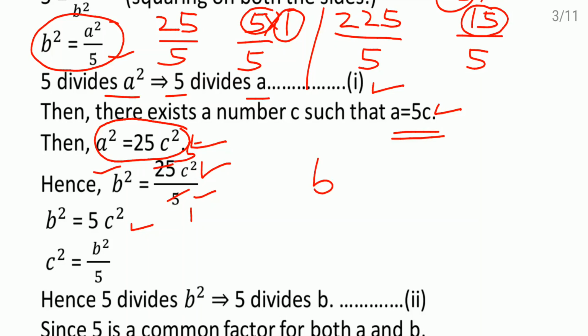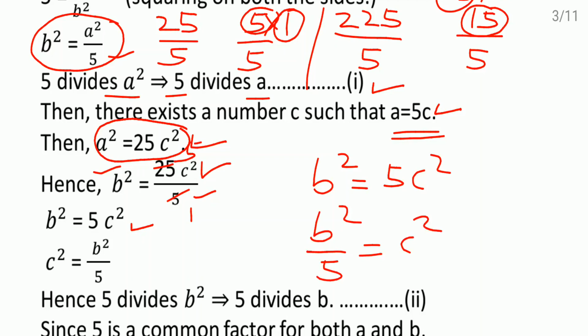Now this b square equal to 5c square, b square divided by 5 is equal to c square. So I can write c square equal to b square by 5. Right. Here also the same thing. 5 is dividing b square. It means that 5 divides b square, which implies that 5 divides b.